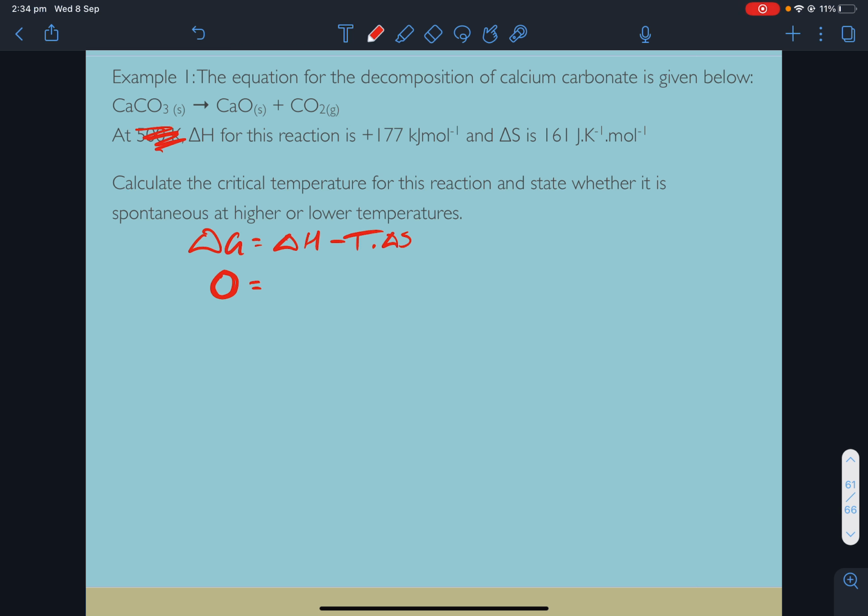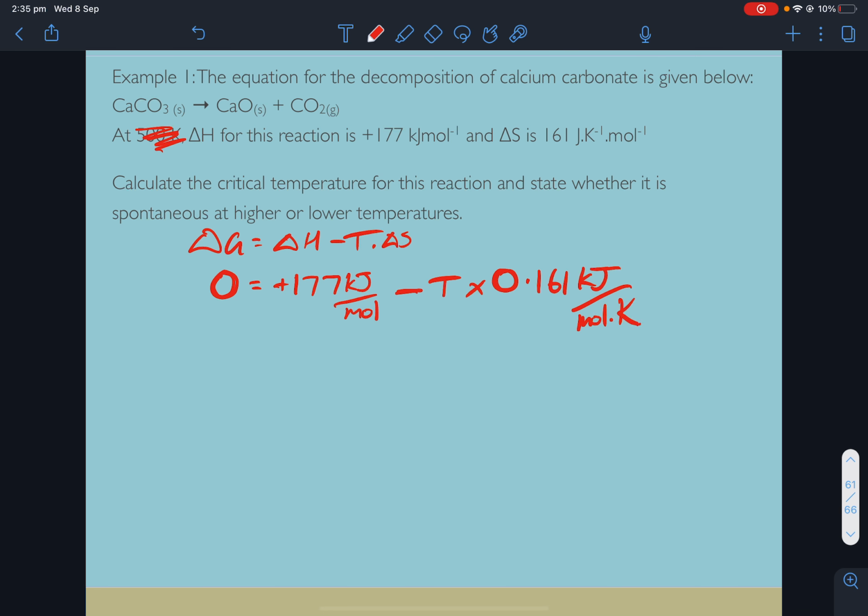So we set 0 equal to our enthalpy, which is positive 177 kilojoules per mole, minus some T, which we're going to solve for, times 0.161. I want to align my units, so that's kilojoules per mole per Kelvin.